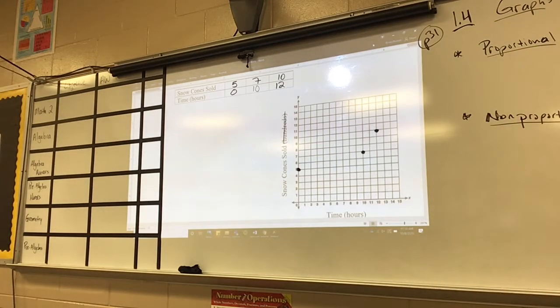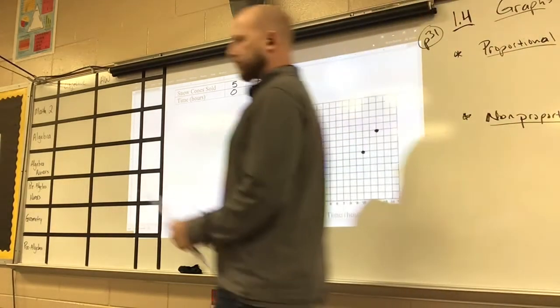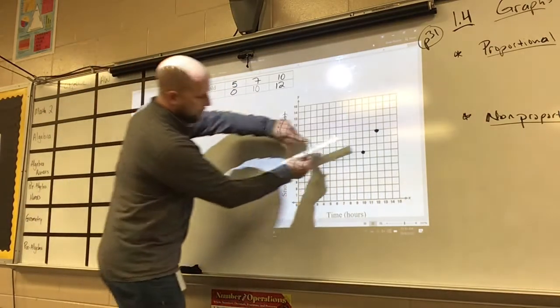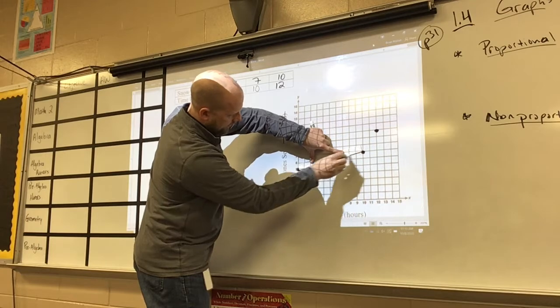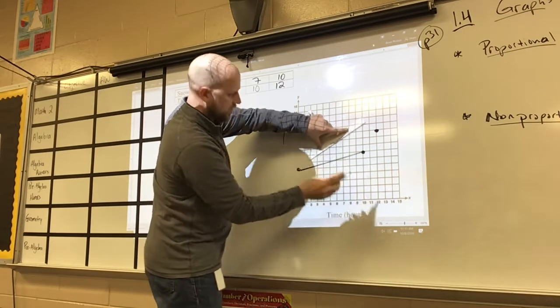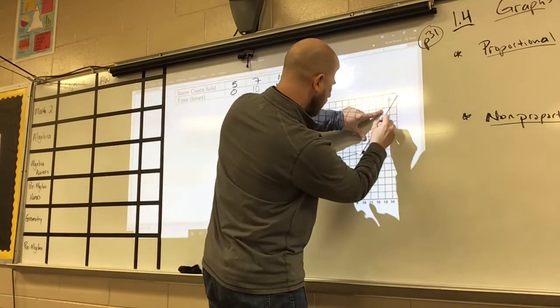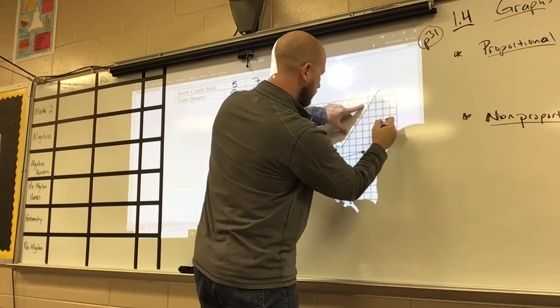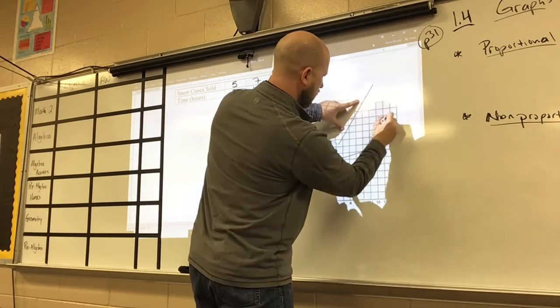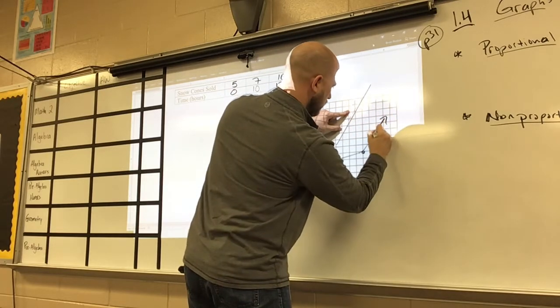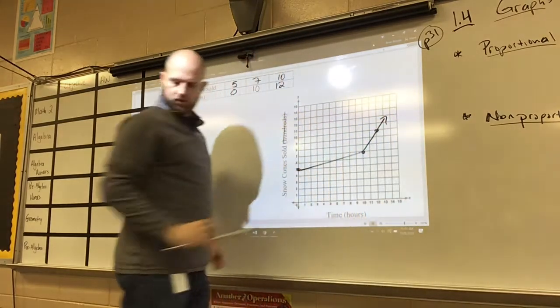So by looking at this, we should kind of already be able to tell, well, there's no way our line's going to be straight, but we need to still go ahead and finish this. Okay, so we have this, and then we're going to go up. Okay, and then we're going to put some sort of an arrow on the end. All right, so that's what we have.